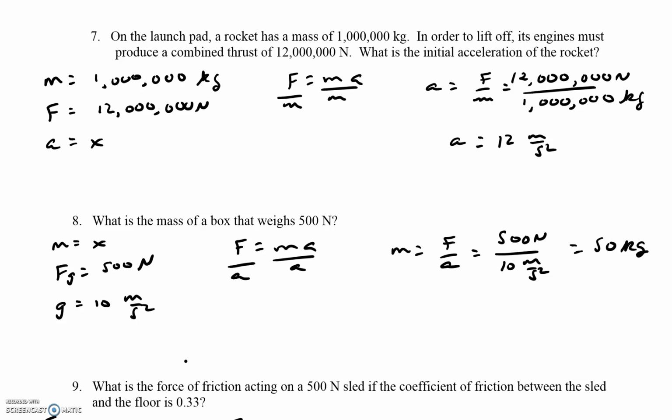For number 8, what is the mass of a box that weighs 500 newtons? So mass equals the force divided by the acceleration. 500 newtons divided by 10 meters per second squared is going to give us a mass of 50 kilograms.